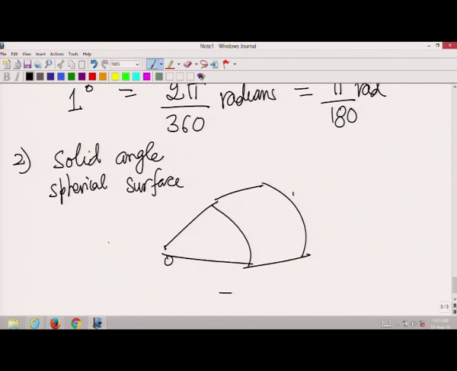Then all of the endpoints of this area will be, so this is the center of the sphere, all of these will have the radius of the sphere. Now, here the angle which is subtended with the center and the ends of this area is what we call a solid angle.